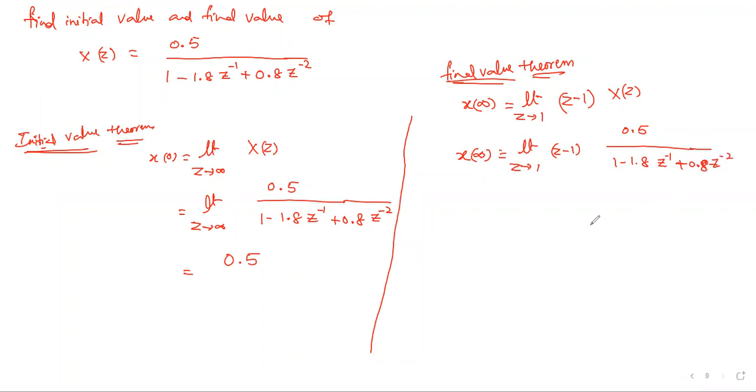Right. So now you just take this z power minus 2. That means limit z tending to 1, z minus 1 into 0.5 divided by 1 minus 1.8 by z plus 0.8 by z square. You take the LCM, what will we get?